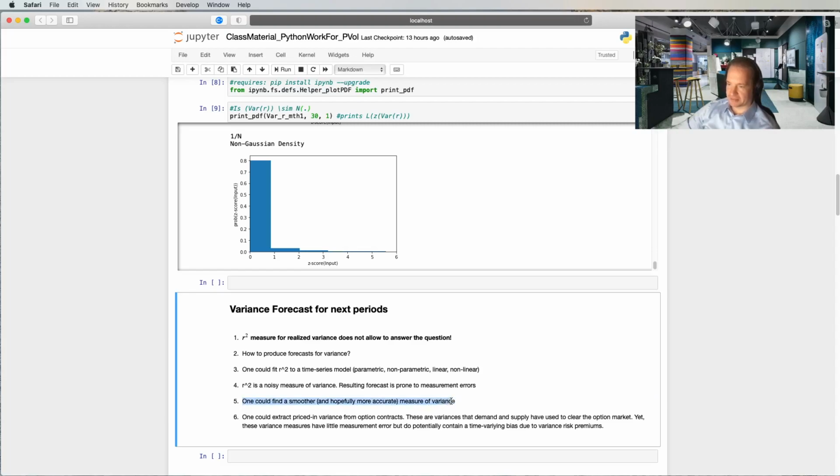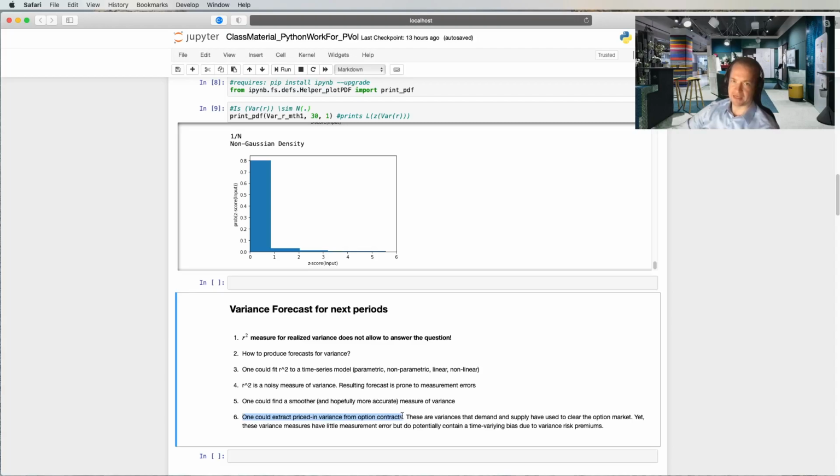That requires some additional work. Now, the beauty of R square is once you observe the price, you also observe returns, you observe R square, but it's noisy. Okay. What one also can do is extract the priced-in variance from option contracts.